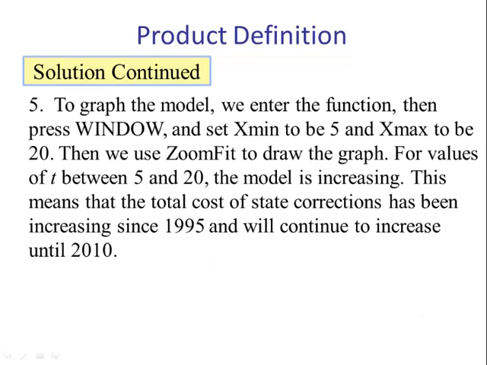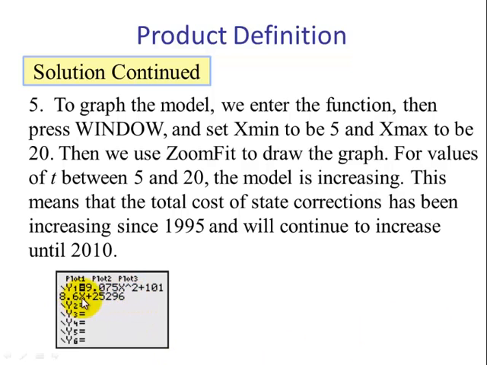Number 5, to graph this function, we enter the function in y1, then we press window, we set the x-min and x-max to be 5 and 20, and then for the y values we use zoom fit.